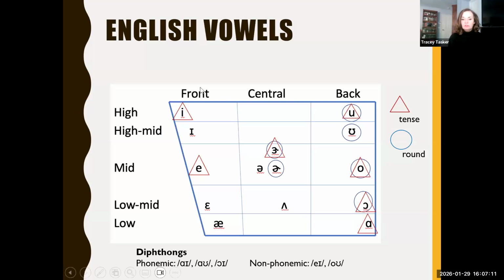We talked about these vowels on the quadrilateral in our last lecture. We're going to go all the way to the back and talk about these vowels now. Next week, we'll be talking about the central vowels, so don't worry about that for today.